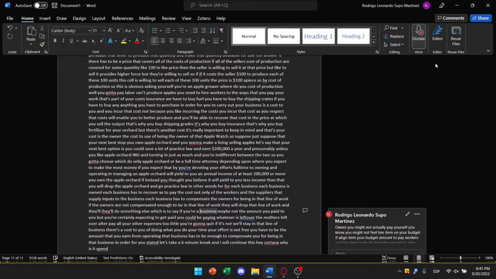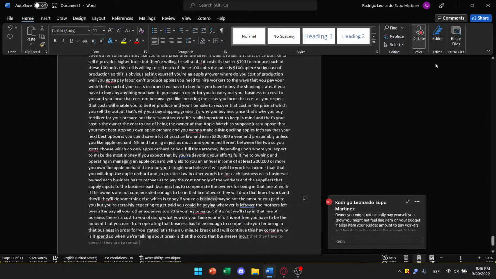So what we were talking about before the break is the costs that businesses incur, that they have to cover if they are to remain in that line of business. Those costs include not just what's on their expense sheet, the amount they pay their workers, the amount they pay their insurance company, and on and on.